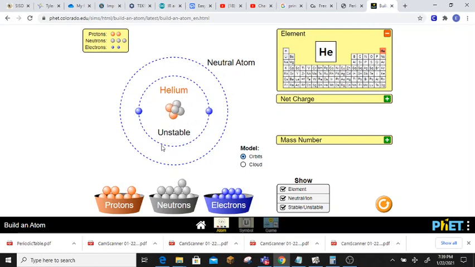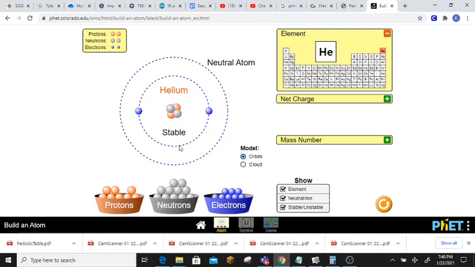And there are some elements out there, like I said, this is an isotope. There are some atoms of helium that look like this, and some that look like that, or might even be like that. Or there might be some that actually have one less, or a couple less. Notice it's unstable.